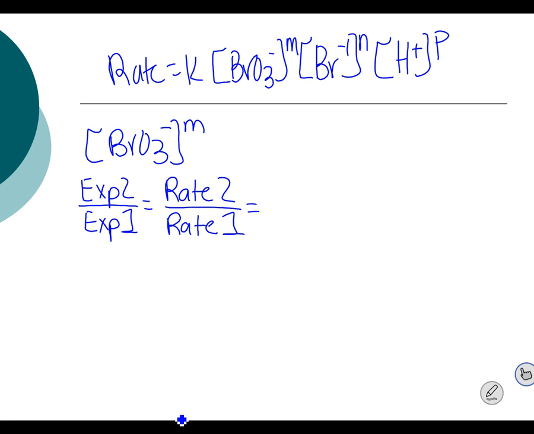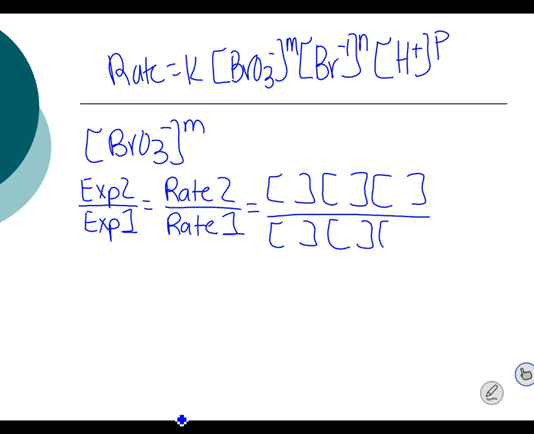And I'm going to put in all of their concentrations. Have the bromate, the bromide, and the hydrogen. And notice I'm putting them one over top of each other. And M, N, P. M, N, P.